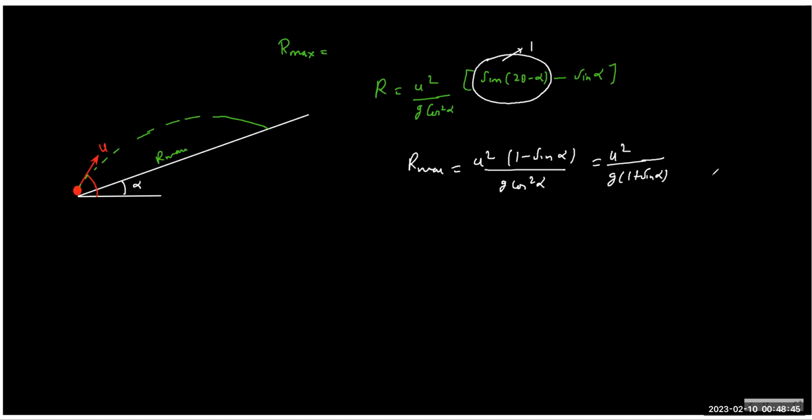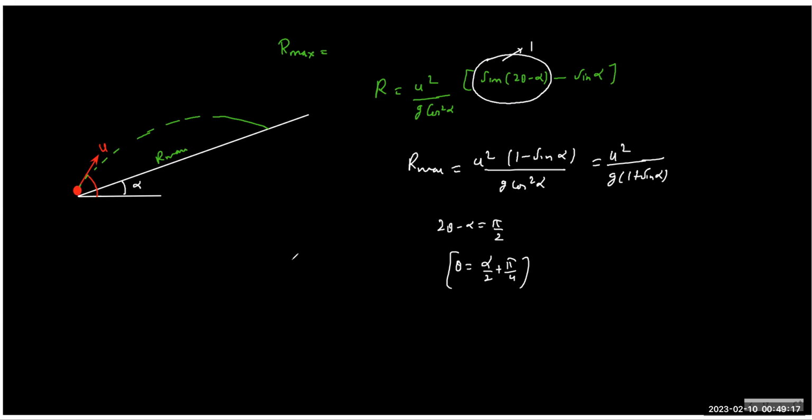Because this is 1, 2 theta minus alpha is 90, so theta is... Is this clear? So the maximum range is only this much: u square by g into 1 plus sine alpha.